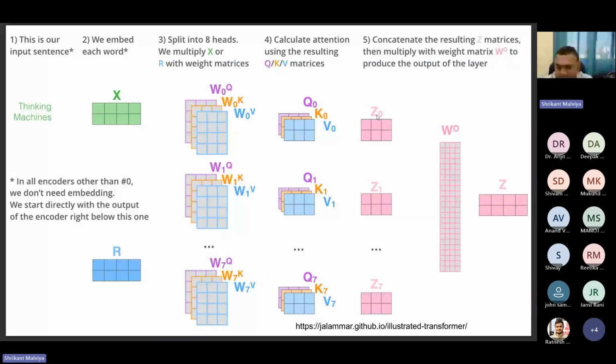Then they will be aggregated to find the final attended representation. So there were two words, so at the end you will also get two word representations, which carry the attended information on all other words in the input sequence.